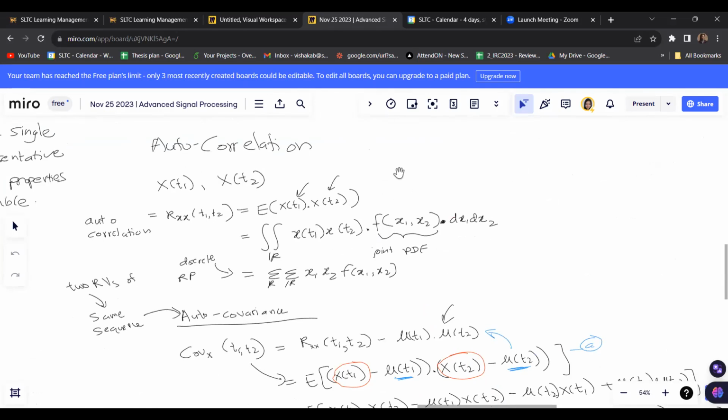So, for example, if there's a certain random process, we can consider the similarity between two random variables, X(t1) and X(t2), right? So the similarity that we can see between this X(t1) and X(t2) is what we call autocorrelation, right? So in the same random process, we have two time instances which we call t1 and t2.